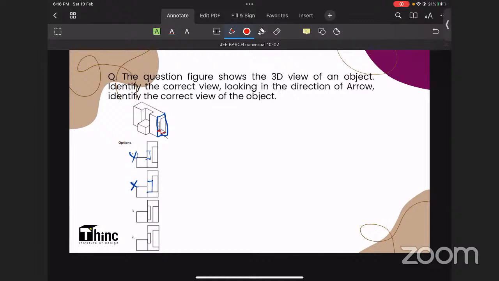We need to accommodate that gap. Coming over to here, this particular one is not extending to extreme bottom. There is a gap. That gap is not provided in option 3. So finally, most probable and right answer is the 4th one. So simply looking into this portion, you are getting the answer.